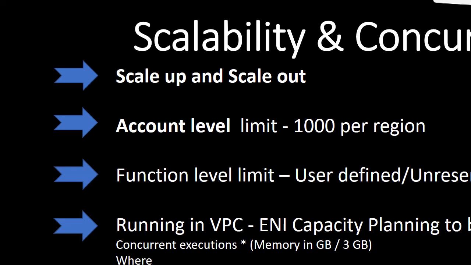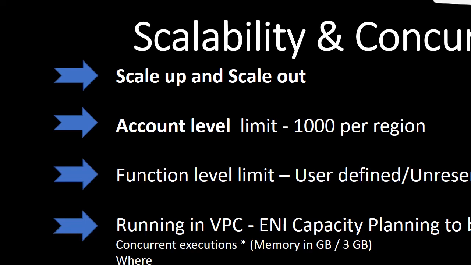But you can use a formula to calculate how much capacity you would need. The formula is concurrent executions multiplied by memory in GB divided by 3 GB. Here the concurrent execution means how much concurrency workload you are expecting.